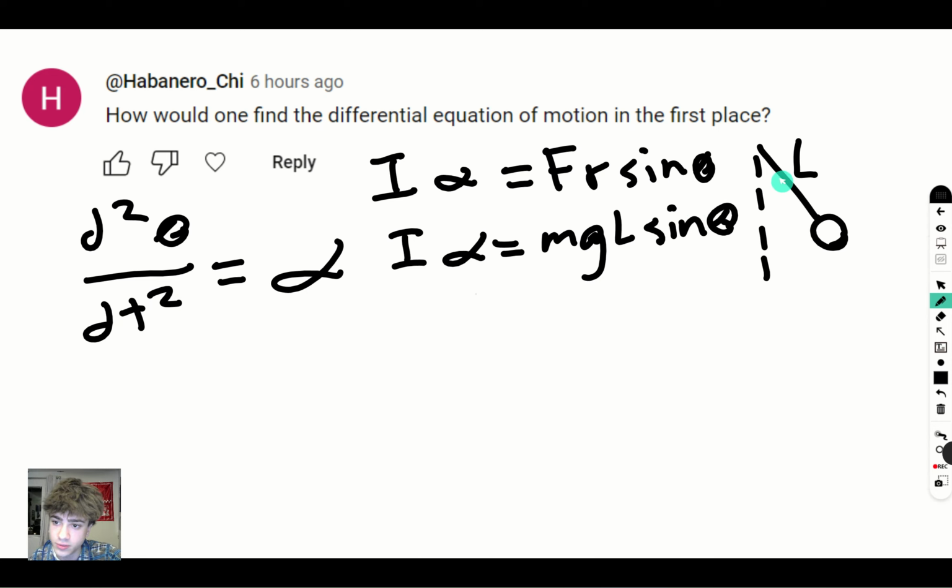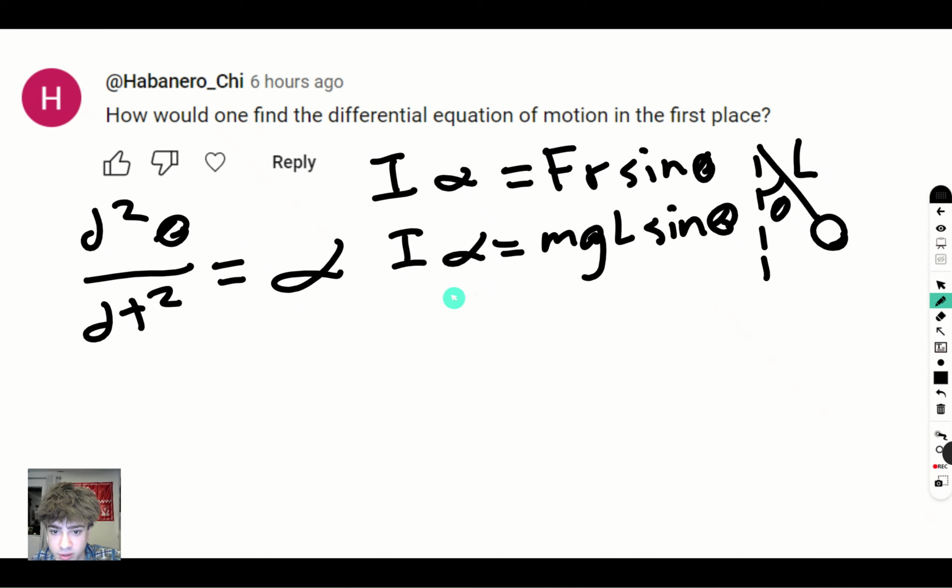And usually when we're doing oscillations of a pendulum, it's going to be of a small angle, so we can use the small angle approximation, which states that sine theta is approximately theta, so we'll just write sine theta as theta.